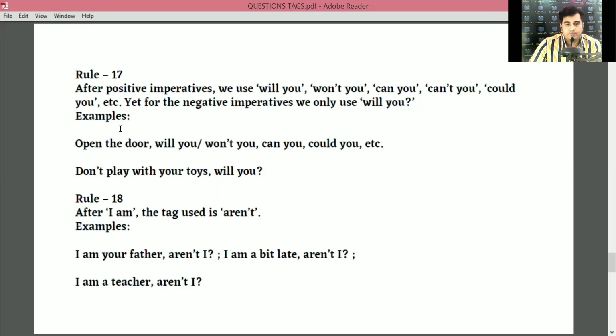For example, you know about the imperative sentences, also called command sentences, like open the door. Will you, or won't you, or can you, could you. You can use any one of them. Don't play with your toys. So it's a kind of order that can be said when you're giving an order, or requesting something, right? When you're saying something to someone.